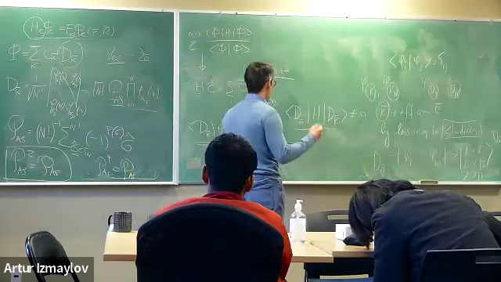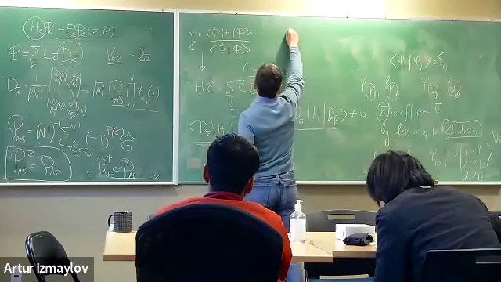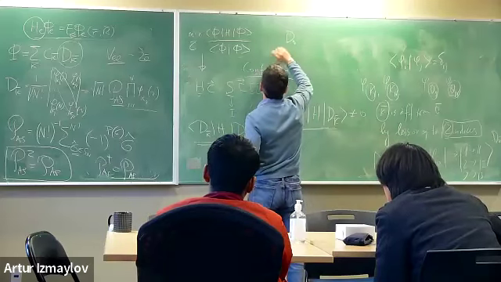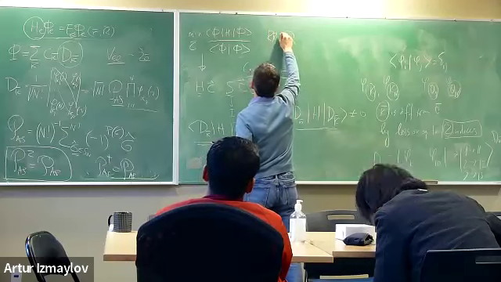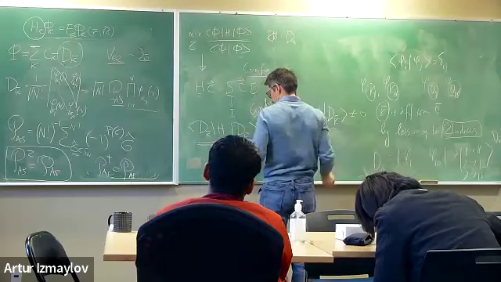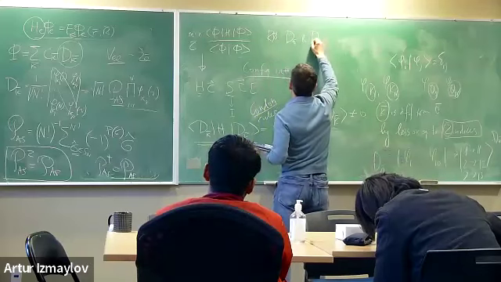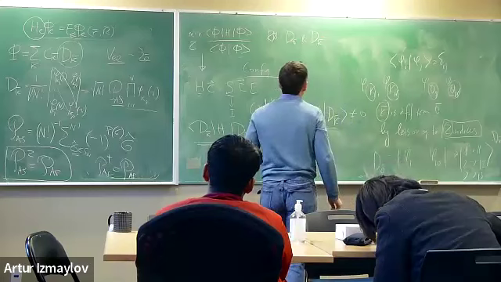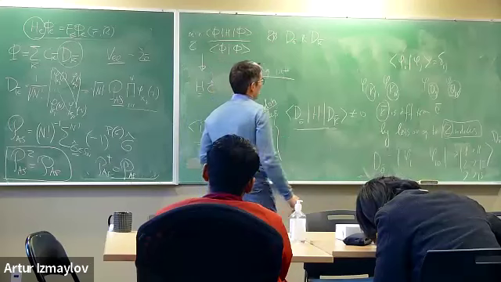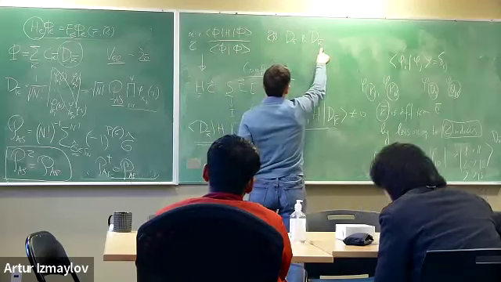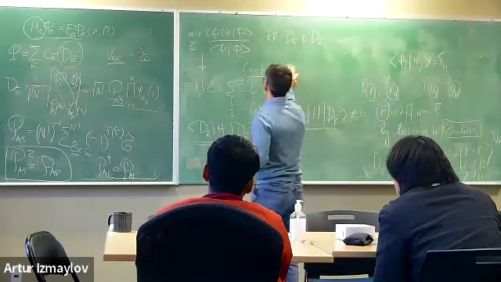The starting point of this rule is that if we have two determinants, it's like rule number 0. If we have two determinants, d0, say, and dk, and the orbitals in d0 and dk are not necessarily orthogonal, right? So just general orbitals.